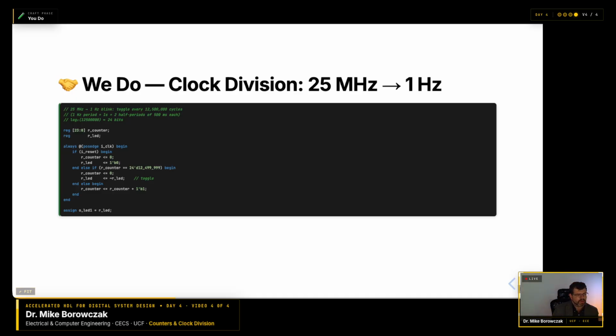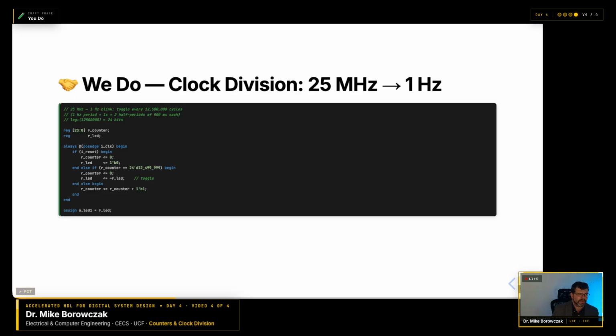We have our LED that we are going to blink, also as a register internally here. You'll notice at the very end of this code, we're tying our register value out to our LED 1. But internally, what are we doing? Well, on our reset, we set counter to 0 and LED also to 0. This reset is important just to have a reset state when starting up.